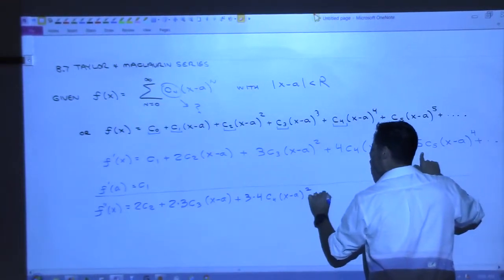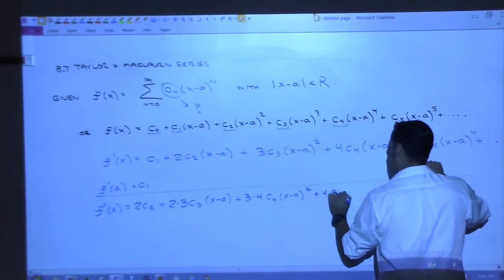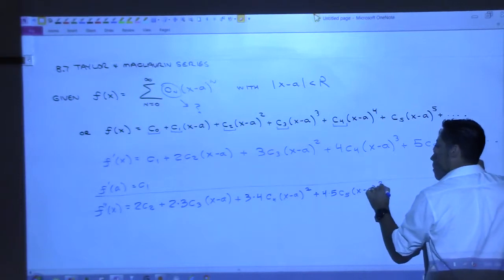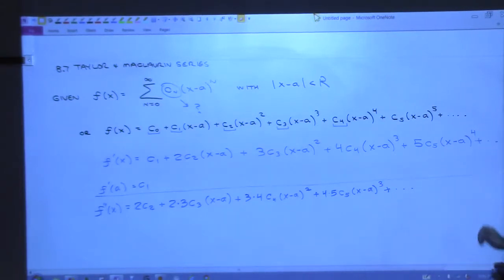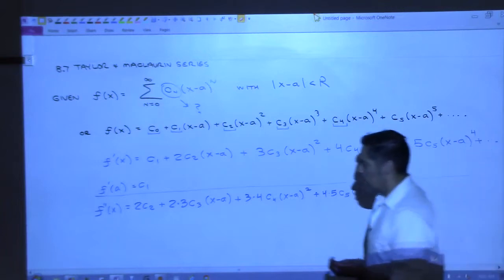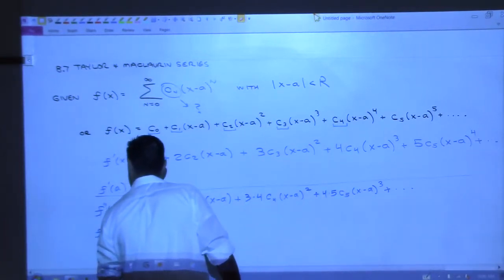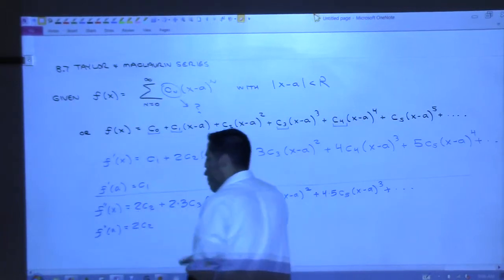Plus 4 times 5, C sub 5, X minus a to the third. Plus dot, dot, dot, right? What do you think I'm going to do with that now? Evaluate it at a again. So what is the second derivative at a? 2c sub 2, right?